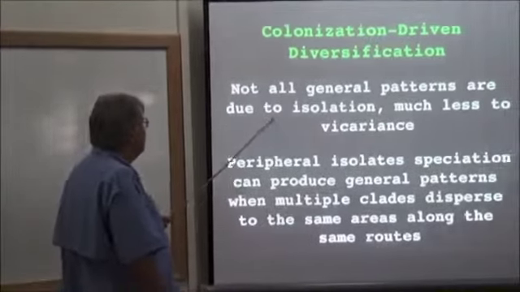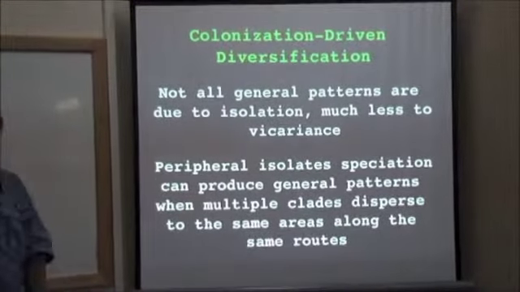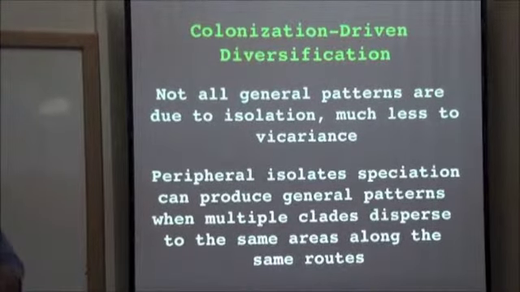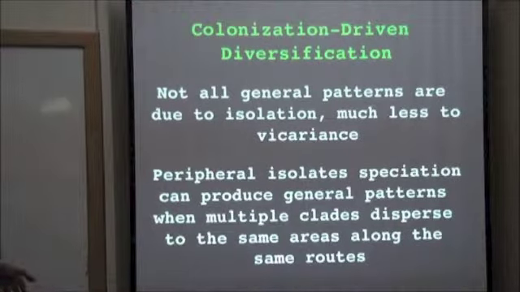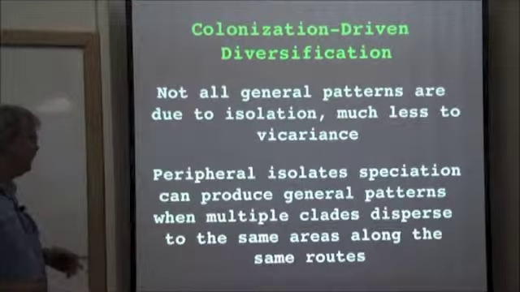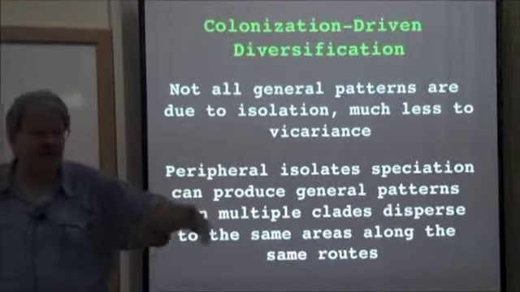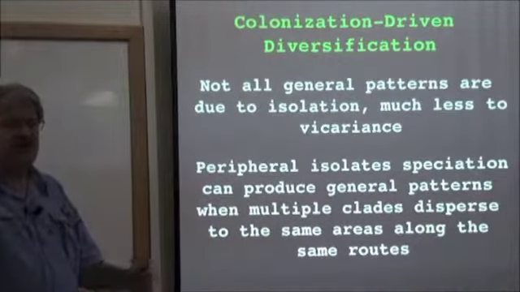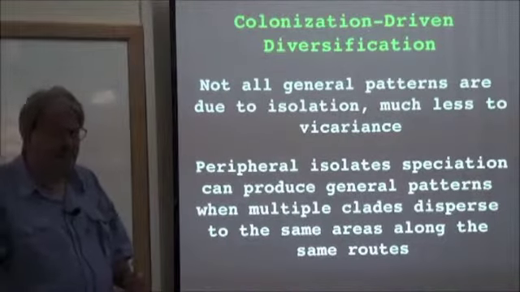So, not all general patterns are due to isolation, and not all isolation patterns are due to vicariance. Peripheral isolate speciation can produce general patterns when you have a common dispersal corridor from a given source area to a particular island, for example.